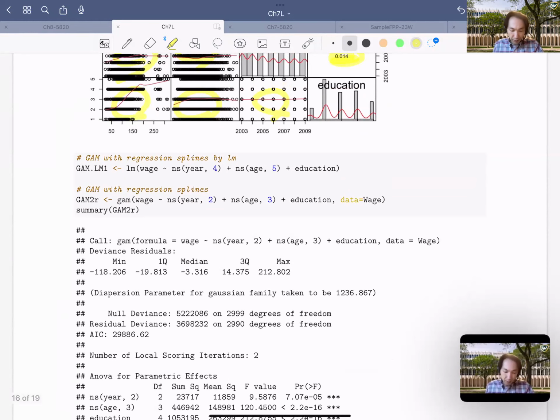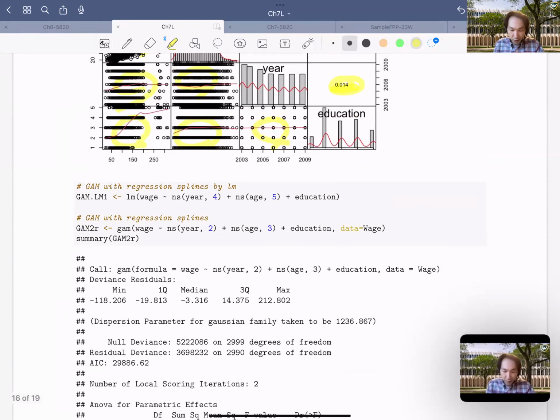Okay, so now we go to the GAM, the generalized additive models. Actually, you can fit it just as a linear model, so it does not require any package. I'm not sure which package the natural spline function is in, but you can just fit a GAM as a linear model.